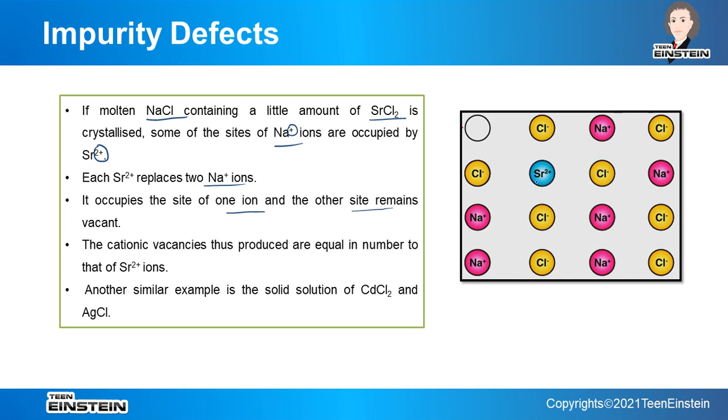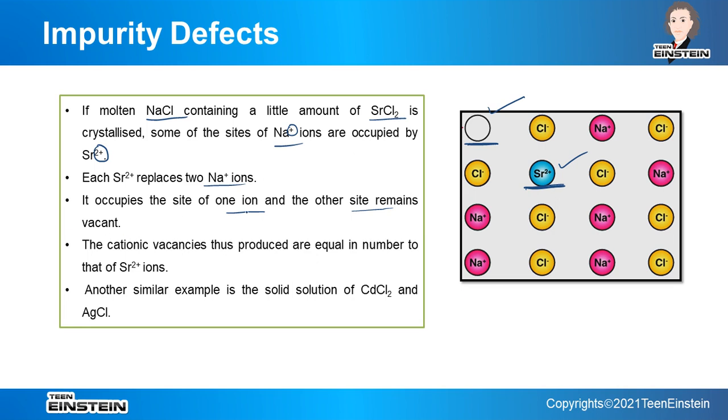Here this is the actual position of Na+, but that position is now taken by Sr2+. Okay, and for 2 sodium ions missing, there will be 1 Sr2+, because sodium has a single charge. So 2 positions of Na are missing, 1, 2, but one is vacant and in the other there is the presence of the foreign particle.